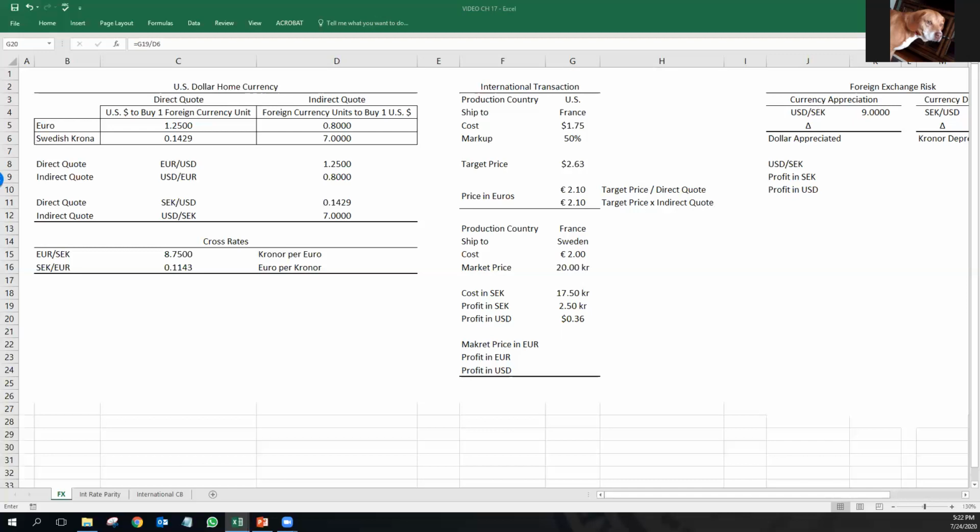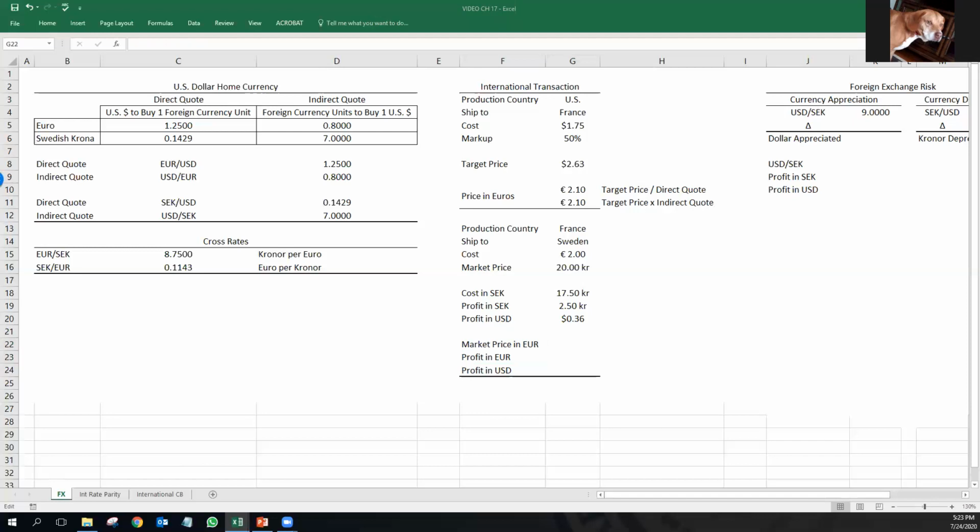I guess to look at another way, not just doing it through the kroner there, but going through the market price in euros and then going from there. That's another way to do it. So the market price in euros is what we're looking for now.